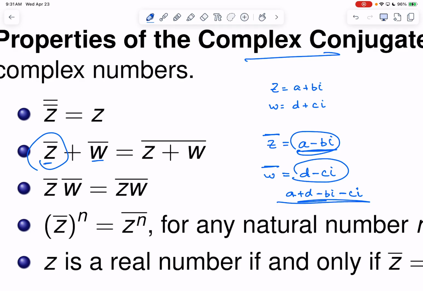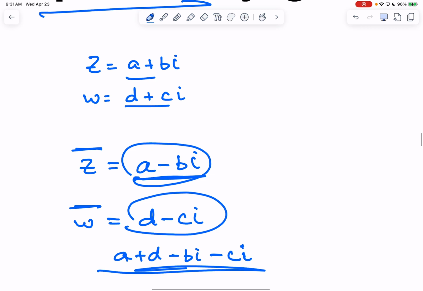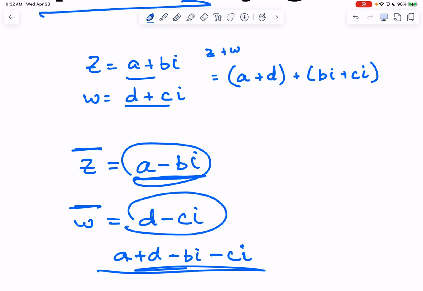So it's saying you can find the conjugate of each and then add them, or you can add them first and then find the conjugate. Let's add them together first. What would that give you? a plus d, that's the real part, plus bi plus ci. So that's z plus w.